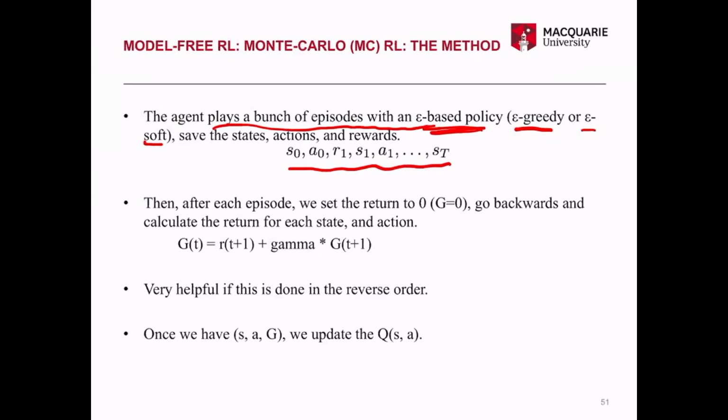So when the episode is over, we set a value such as G to 0, and we go backwards, right? So we go backwards in the sequence, and we calculate the return for each state and action. And notice that initially, of course, it's 0, and then you add the final reward, which is probably R sub t minus 1. So this is going to be the reward for that particular state.